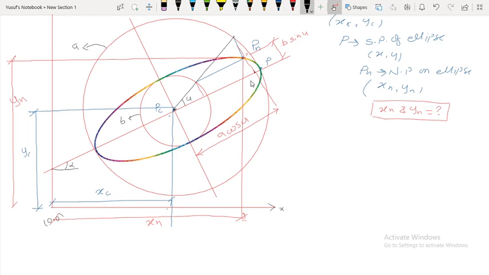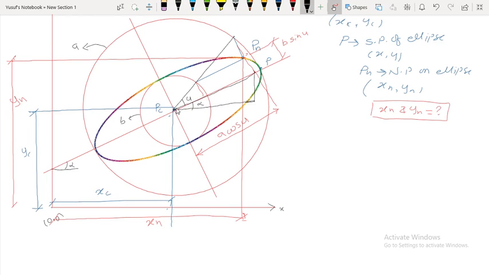Okay, so from here I draw a horizontal line, and from here I have drawn a vertical line, suppose. This length I know from the triangle is A cos u, and this angle will be alpha because this axis is inclined at an angle of alpha.